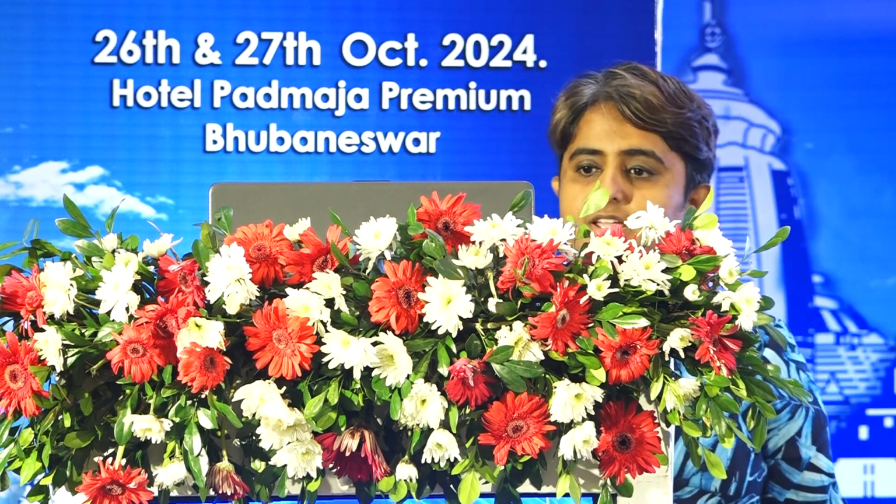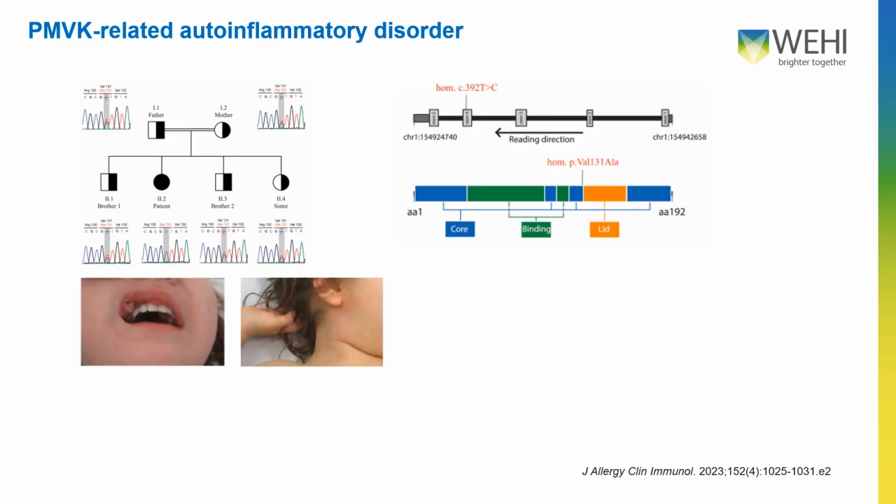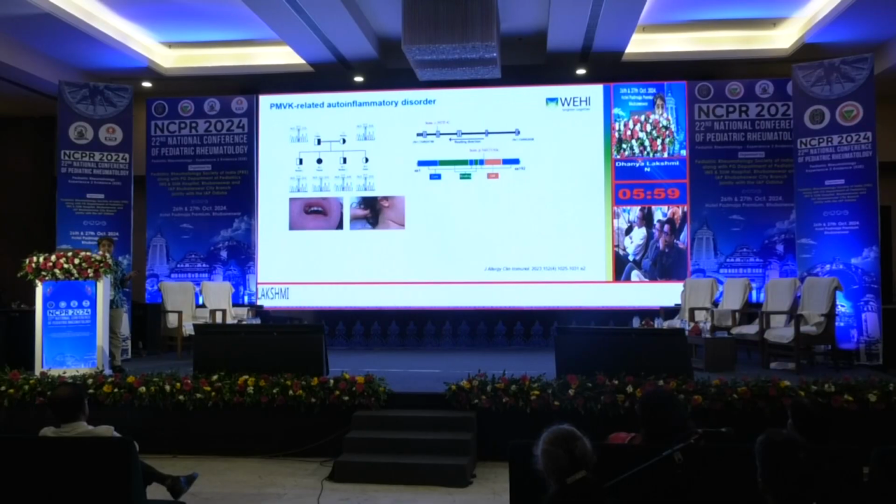But by the time we planned our experiment, somebody else had already published a paper where they identified a girl from Turkey who had similar features of systemic inflammation and a homozygous variant in the PMVK gene. They checked the enzyme activity, because our hypothesis is that this could be a loss of function variant resulting in decreased enzyme activity.